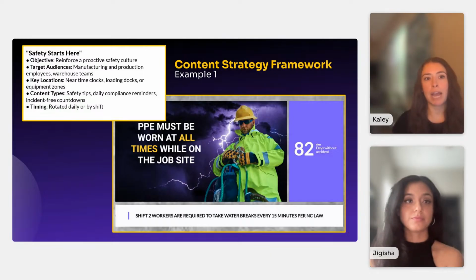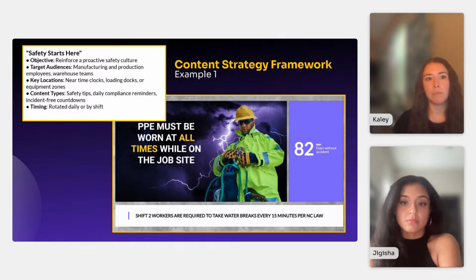The content was comprised of things like safety tips, daily compliance reminders, and incident-free countdowns. And the content was rotated daily or by shift, depending on what would be most pertinent for the employees working on site.